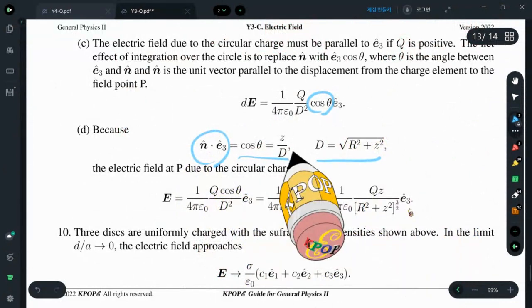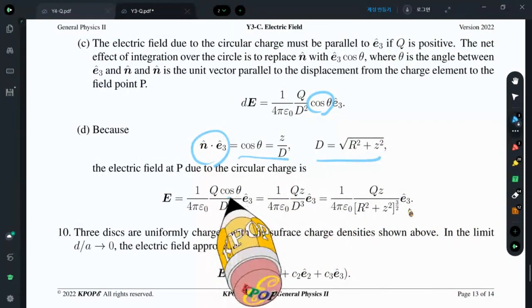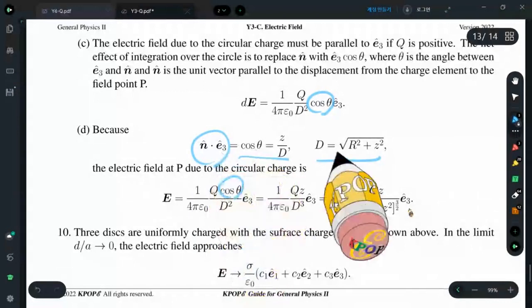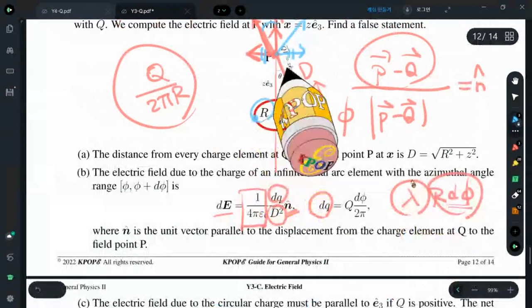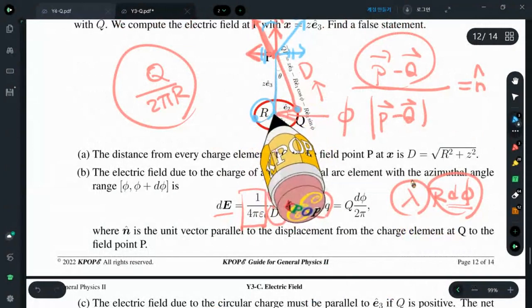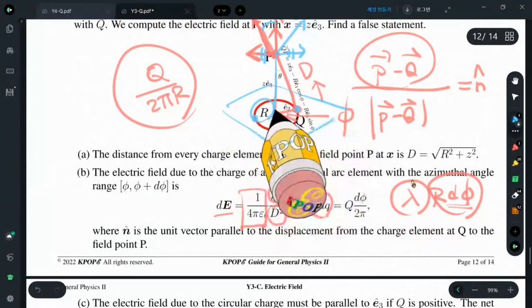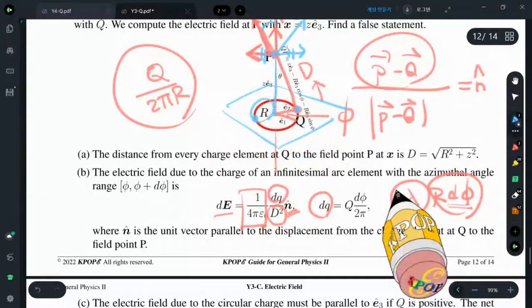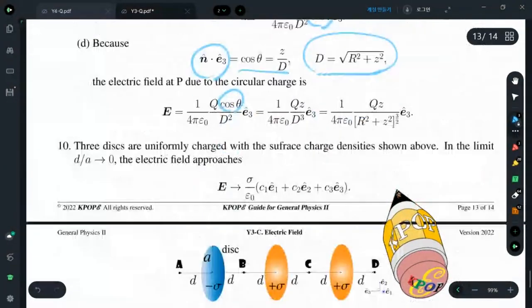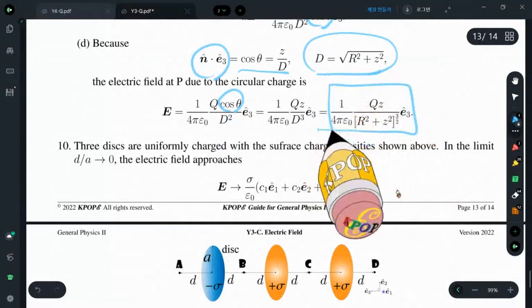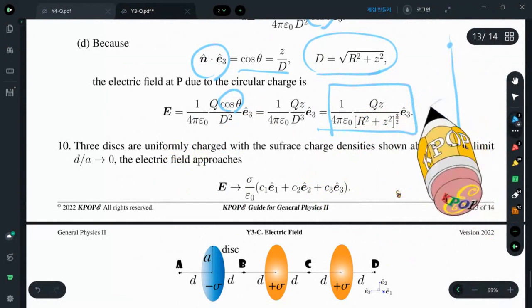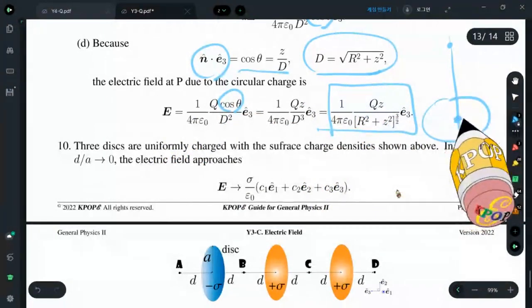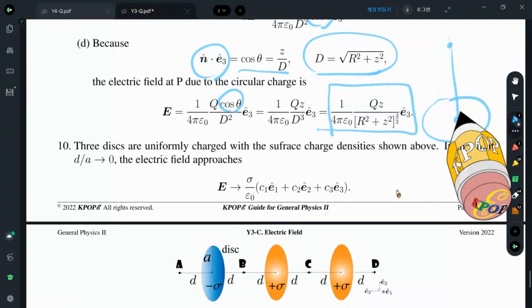And even though we do not carry out the explicit integral, this cosine theta is replaced with those values. Here, r is the radius and z is the perpendicular distance from this ring to that field point. As a result, we can obtain the electric field at a point that is normal to the circle and passing the symmetry axis.